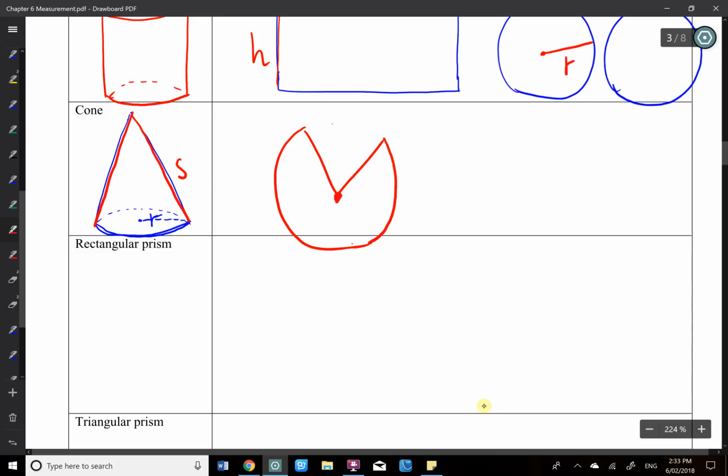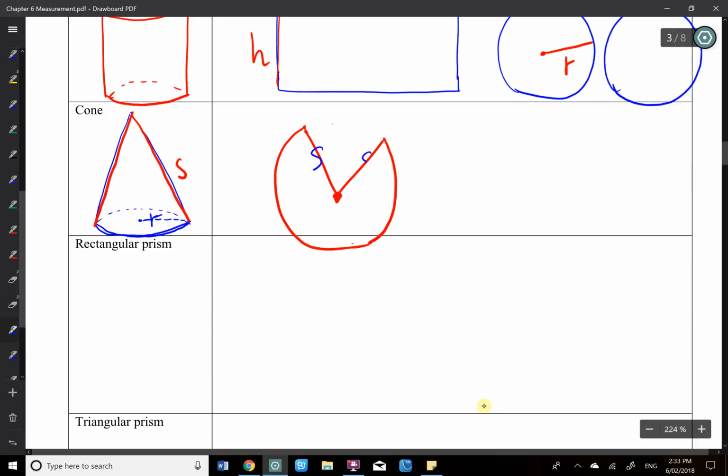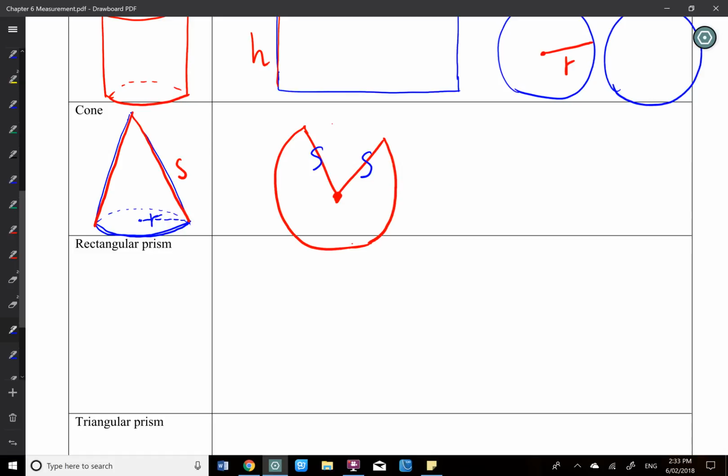That's the center. Where is the slant height? The two radii of the sector are the slant height S. Also we have the base, which will be a circle.